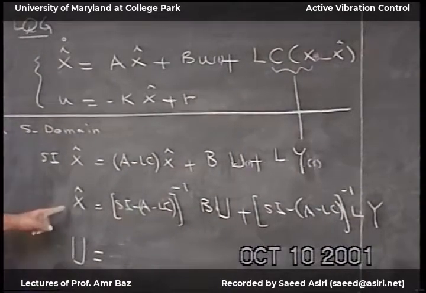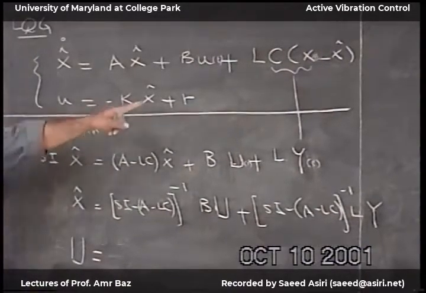Okay, so I multiply by minus K and add r.